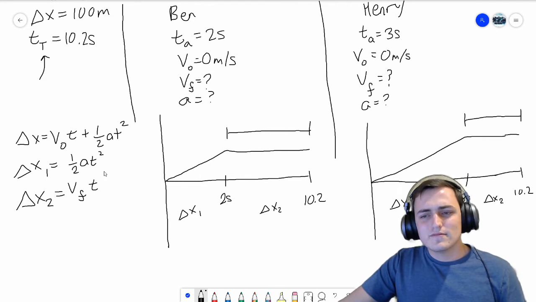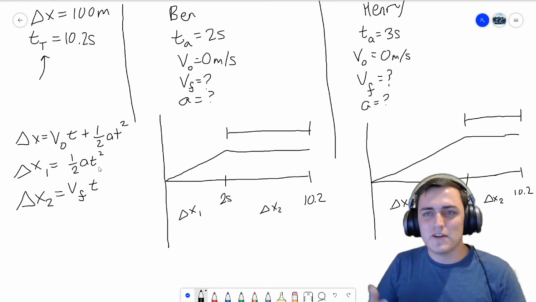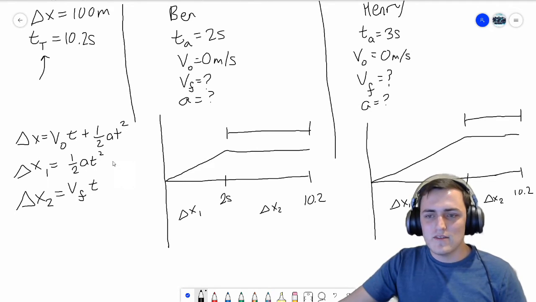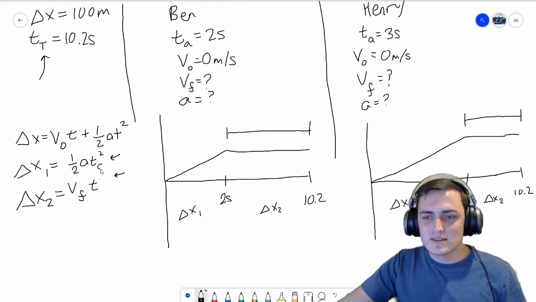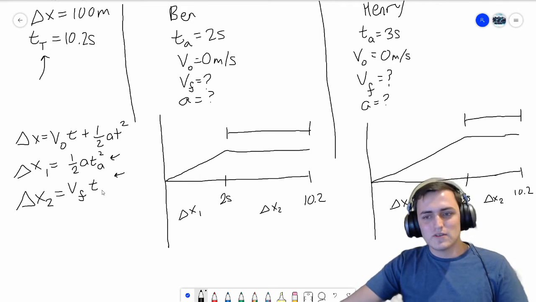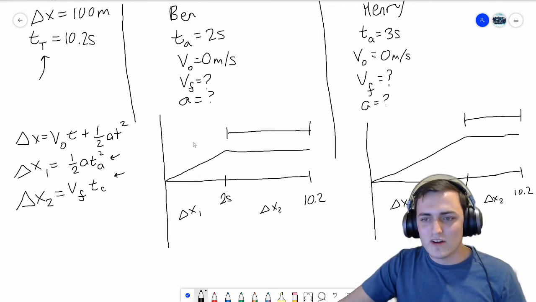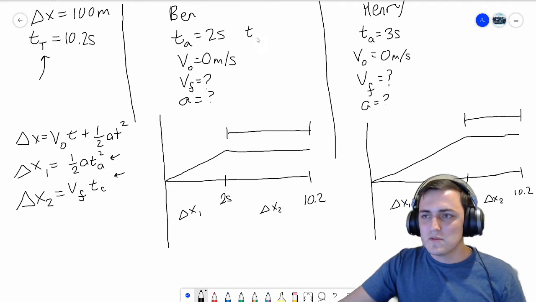So what we really need to be careful of is how we define each value of t. You can see in these two equations, we just wrote t. We didn't put any subscript like t t for total time or t of acceleration. So we need to be really careful that this is the time of acceleration and this is the time of constant speed. Time of constant speed for Ben is going to be 10.2 minus 2, or 8.2 seconds.